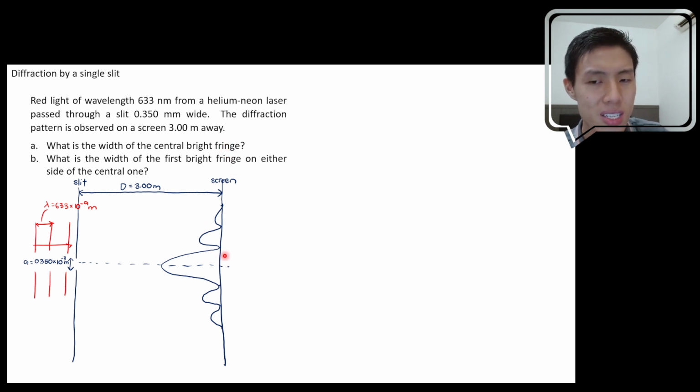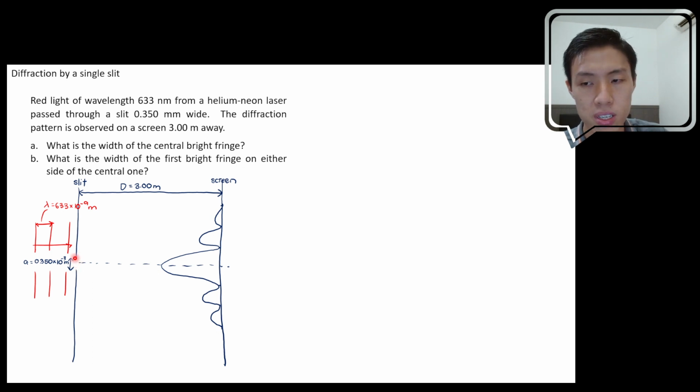Because the central bright here is a result of constructive interference of all the secondary wavelets produced by the sources over here. Because it's a slit of finite width, you can think of it as many points being sources of secondary Huygens wavelets.